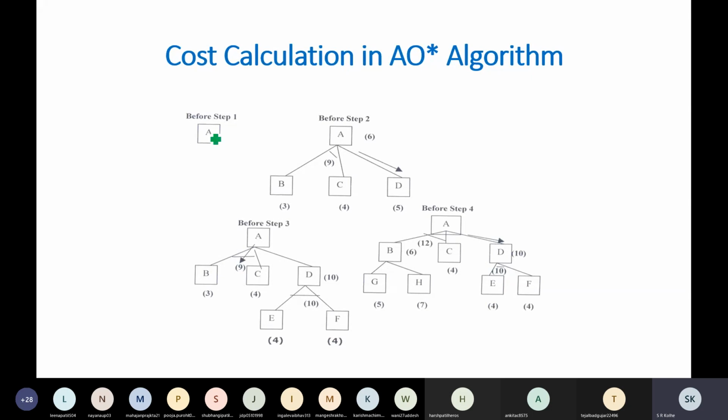Suppose we have started with node A. Okay, the starting node is node A. Now A is not a goal, so we have explored it further, which has generated B, C and D. The corresponding cost associated with B is 3, C is 4 and D is 5, but this arc is an N type of arc.